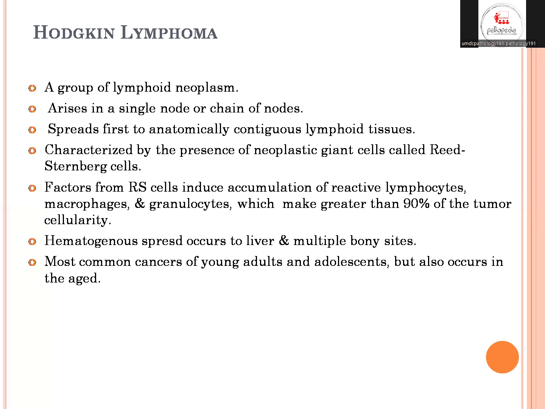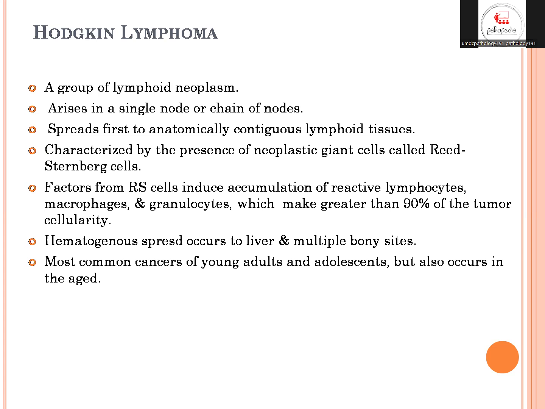What is Hodgkin lymphoma? It is basically a group of lymphoid neoplasm. It arises in a single node or chain of nodes. It spreads first to anatomically contiguous lymph tissue and is characterized by the presence of neoplastic giant cells called Reed-Sternberg cells.